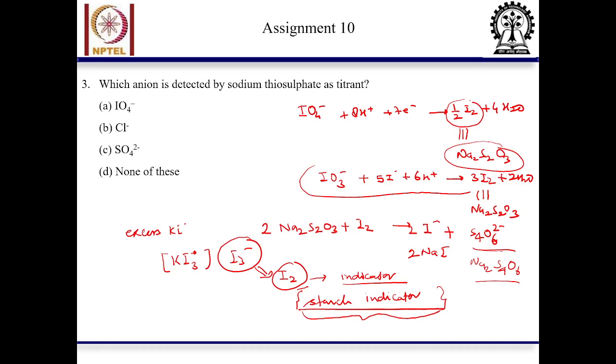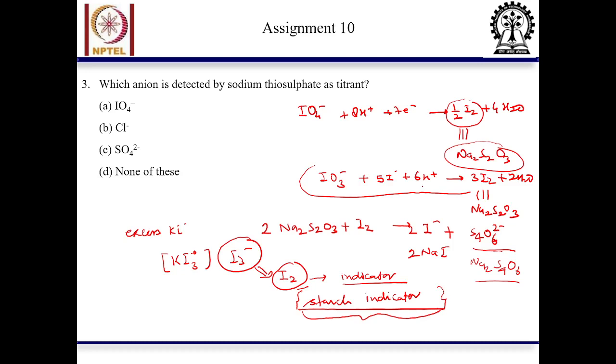So it will lead to a wrong endpoint. These are the other important things we have to keep in mind. Okay, so that's it.